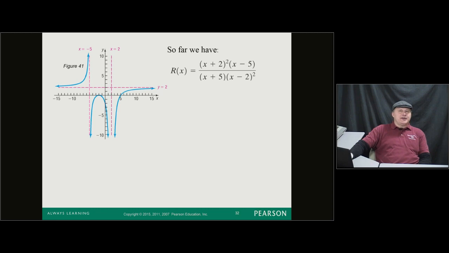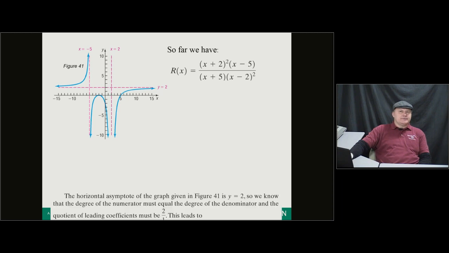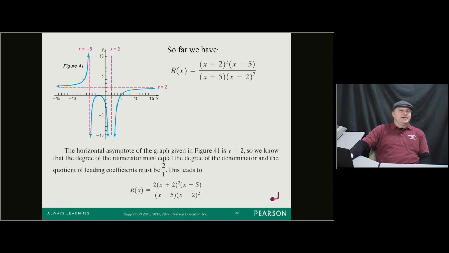So what do you think I could do in order for that to have a horizontal asymptote of y equals 2? We put a 2 in there. Remember, the leading coefficients have to have a ratio of 2 over 1, and the degrees are the same. So it's just a matter of putting a 2 on top with the p of x.